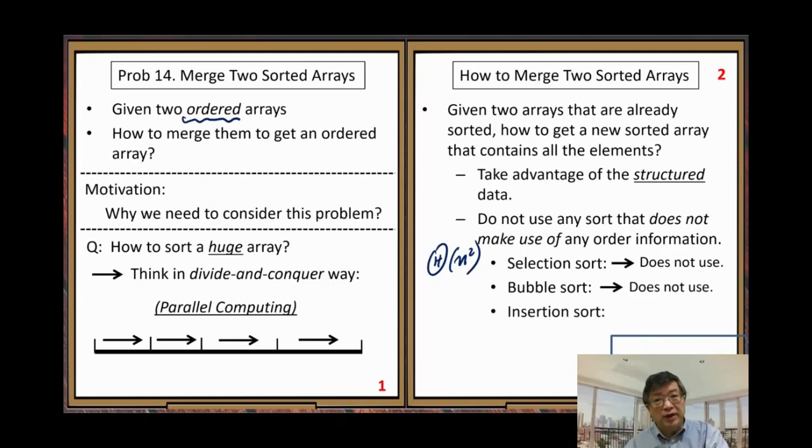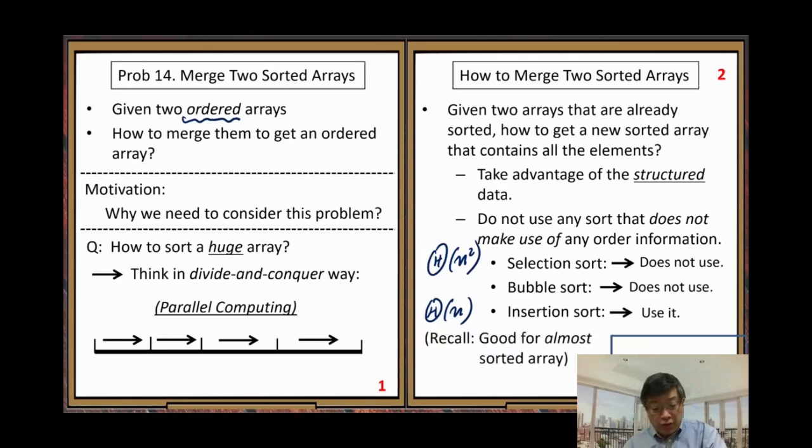This one really takes advantage of the order information. Because if an array is sorted, then you will have the best efficiency, big theta of n. Even better, almost sorted.